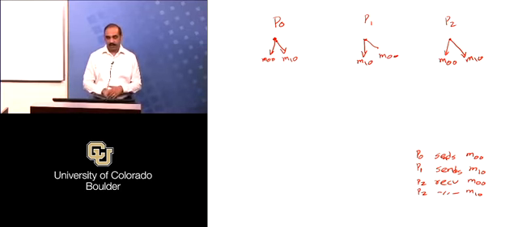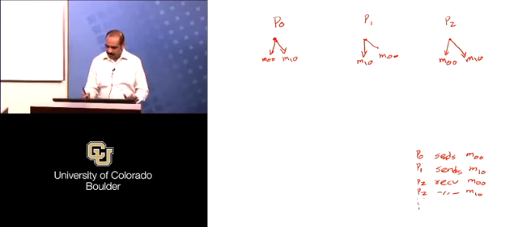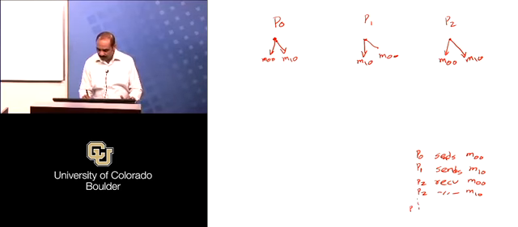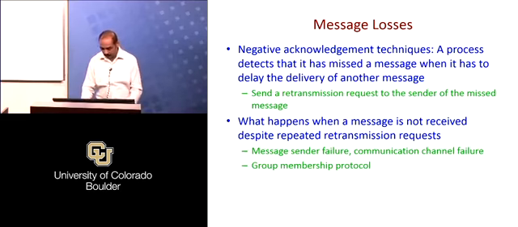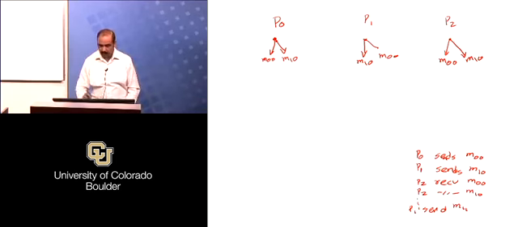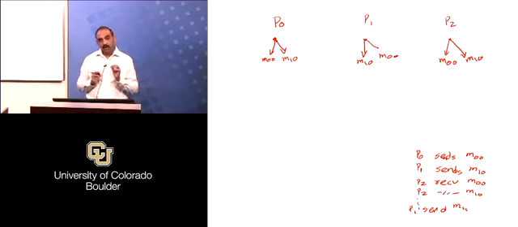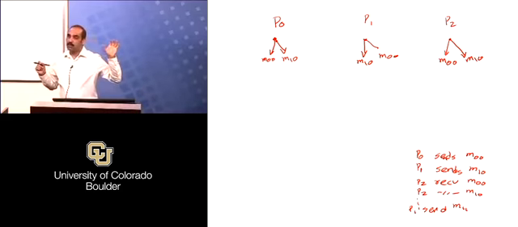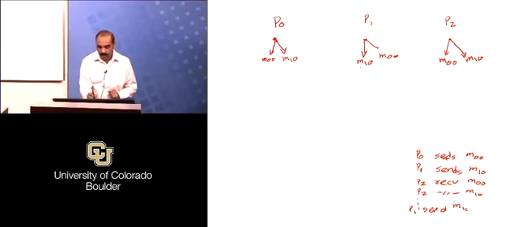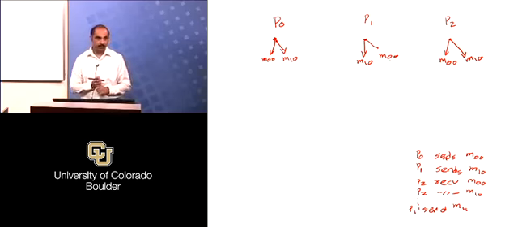Now at this point, suppose P1 sends M11. When you send a message, you include the message IDs of all your leaves in the context graph. Right now for P1, the leaves are M10 and M00.